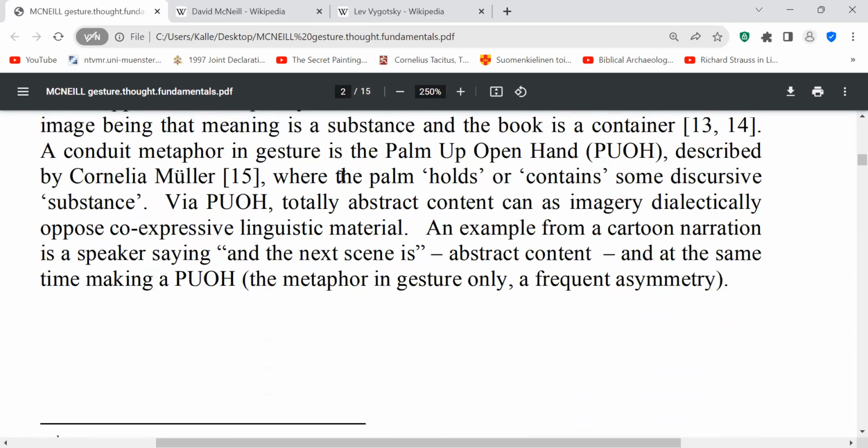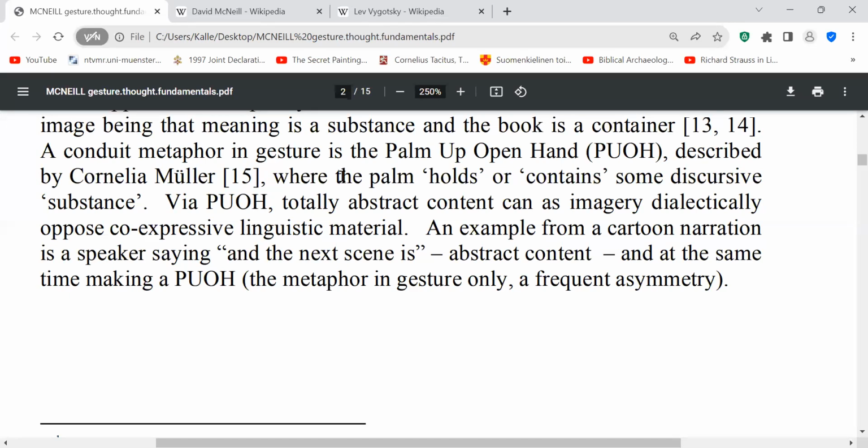A conduit metaphor in gesture is the palm-up open hand, the poi, described by Cornelia Müller, where the palm holds or contains some discursive substance.